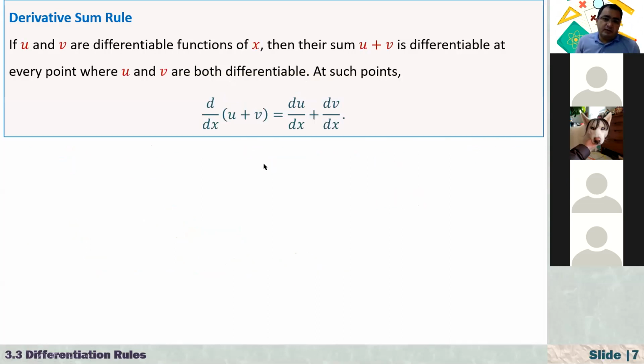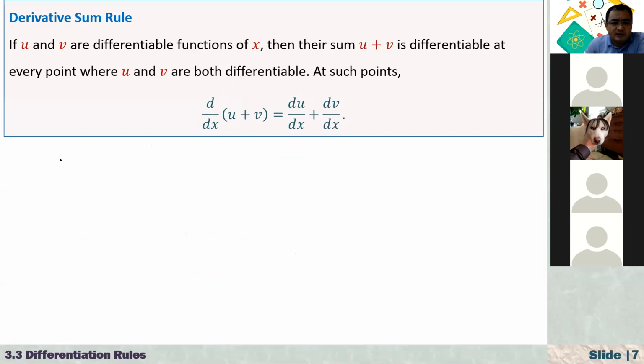All right. In a similar way, but I will just skip the proof. If u and v are differentiable functions of x, then the sum u plus v is differentiable at every point where u and v are both differentiable. At such points, the derivative of the sum of the two functions is equal to the sum of the derivatives of these functions, right?